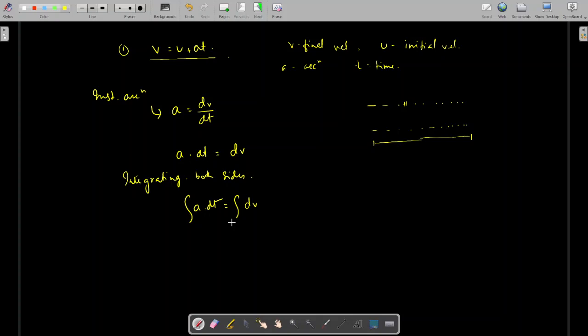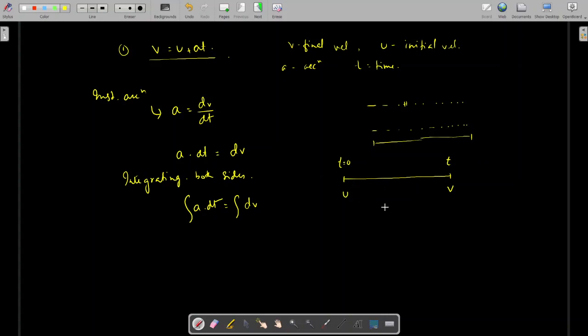There must be some limits because these are definite integrals. Integration is of two types, indefinite and definite. In definite integrals we have fixed limits, and in indefinite integrals we don't have any limits. We started at initial velocity u and ended at final velocity v, and at this point t was equal to 0, and at the end time is equal to t.